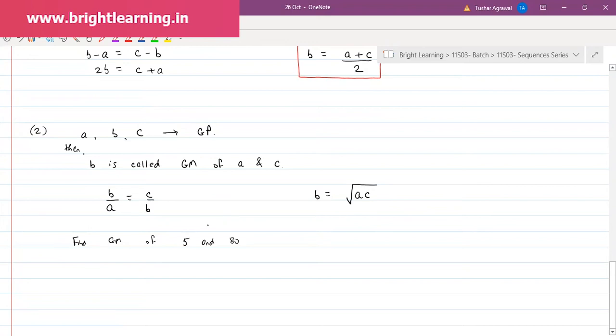The one term that you insert in between can be 20 or negative 20. 5 into 4 is 20, 20 into 4 is 80, so that is a GP. 5 into negative 4 is minus 20, and minus 20 into negative 4 is 80. That way also it's a GP. So for now we will deal only with the positives.